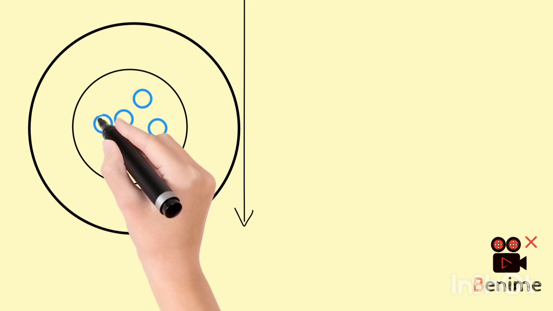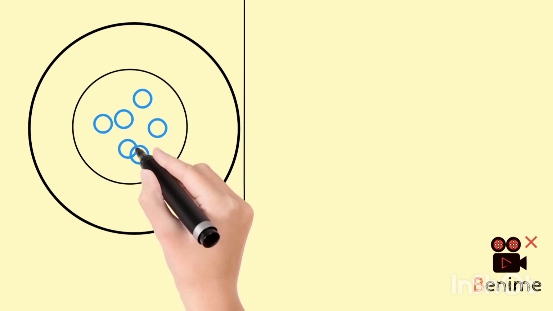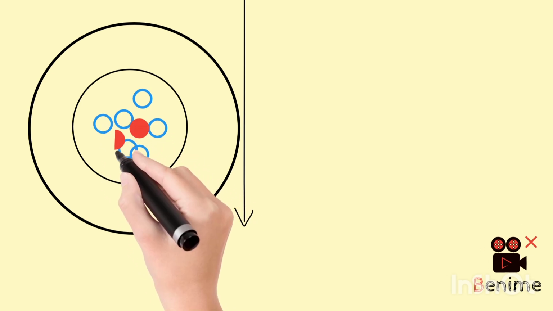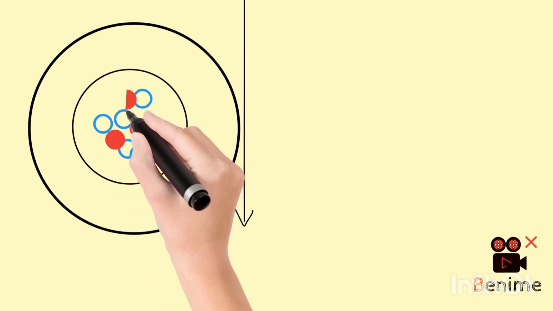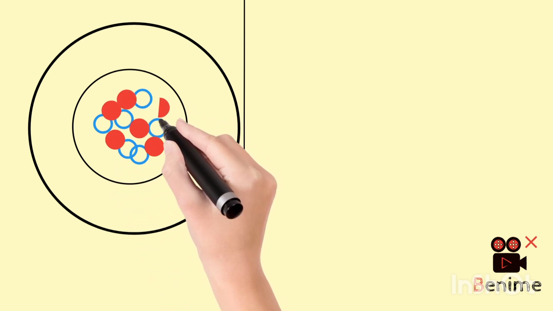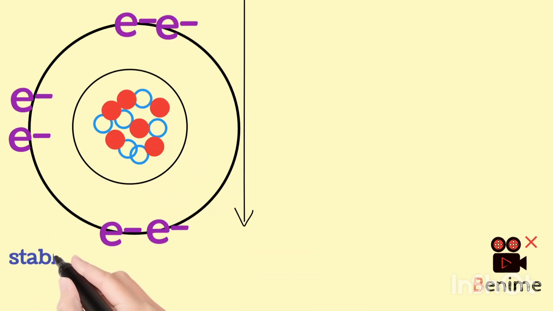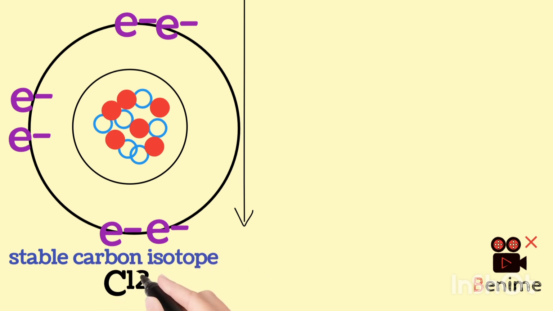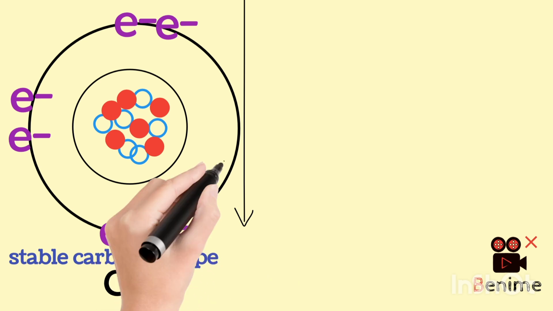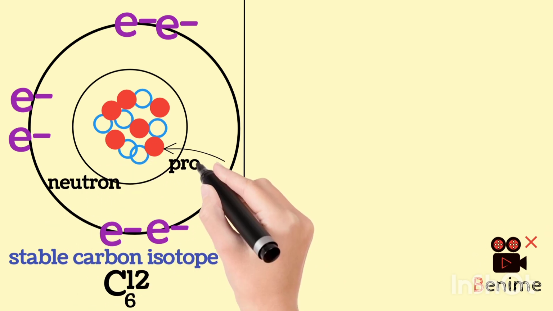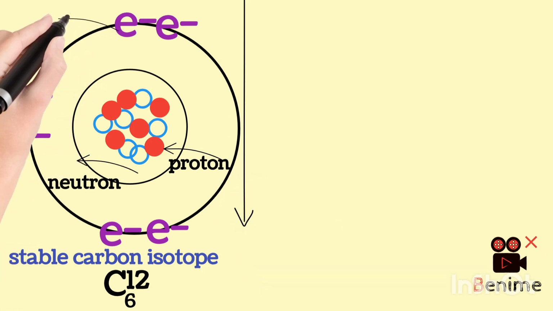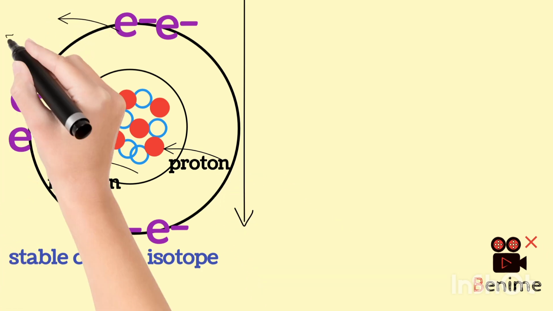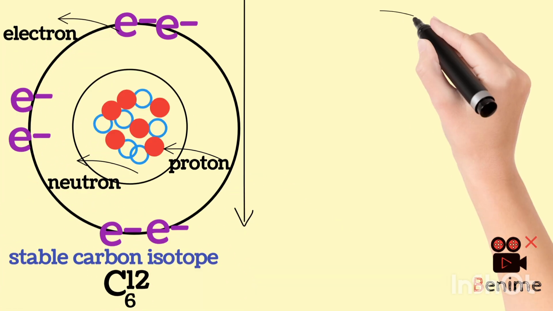This can be visualized in the atomic model of these isotopes, where we can notice the difference in nuclear size and number of neutrons visually. Here carbon-12 is stable and carbon-14 is unstable due to the difference in neutron number. So neutrons are the most important part of an atom in terms of its stability and related phenomena.